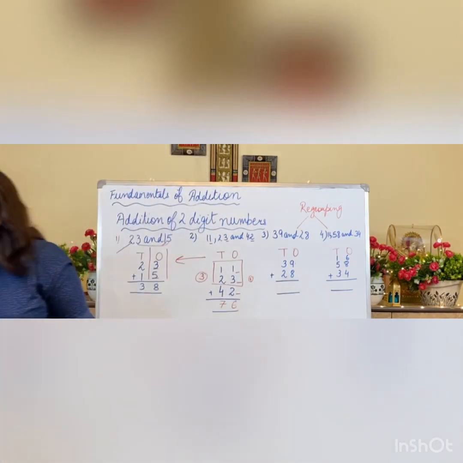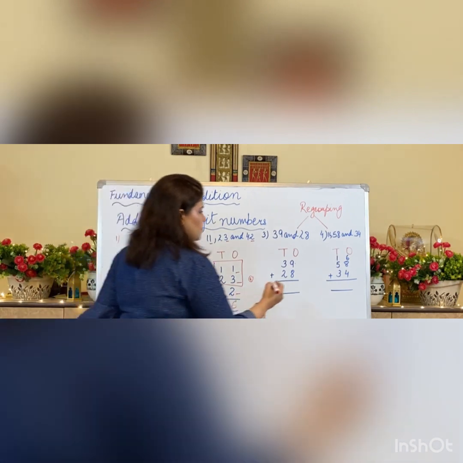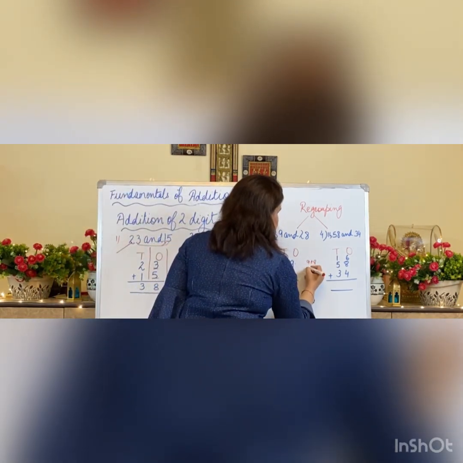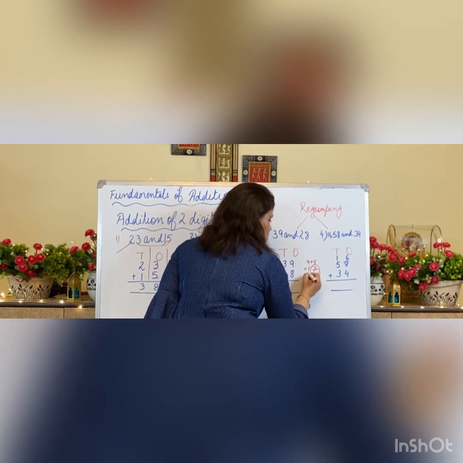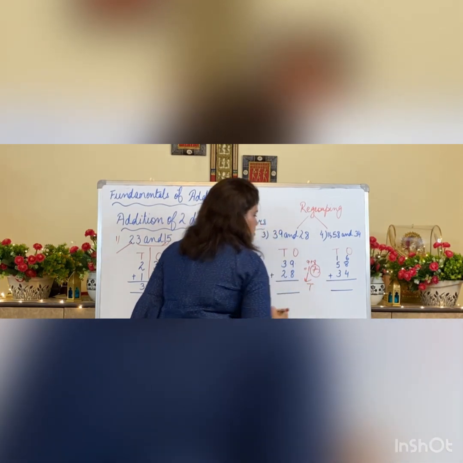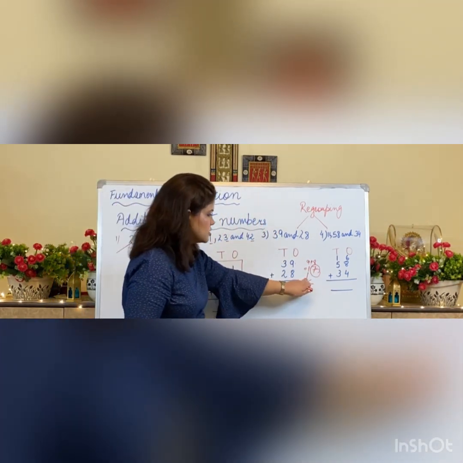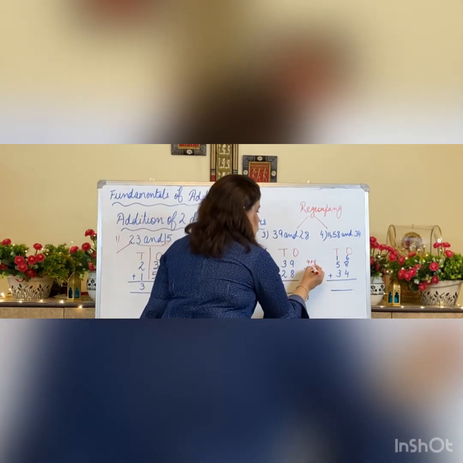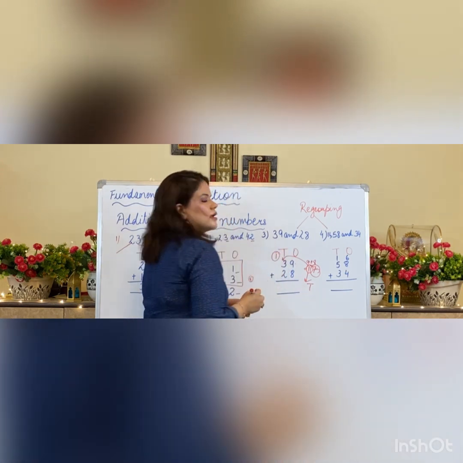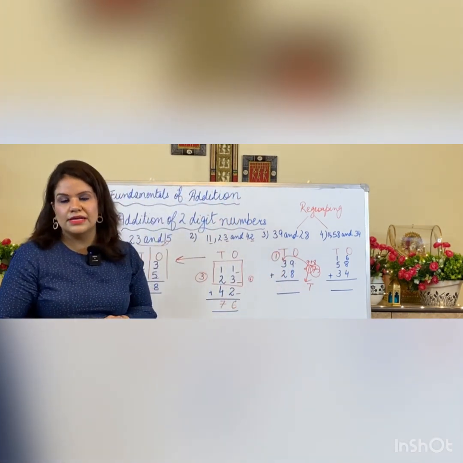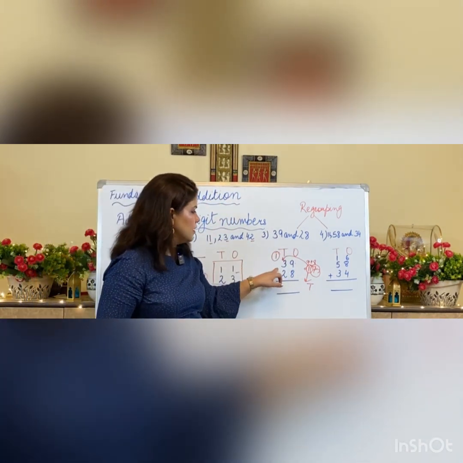So I am getting a 2 digit answer. 9 plus 8 is coming as 17. 7 is at ones place, 1 is at tens place. So this tens place digit, which is 1, will go here and it will be carried to the tens place number, and it will be done.